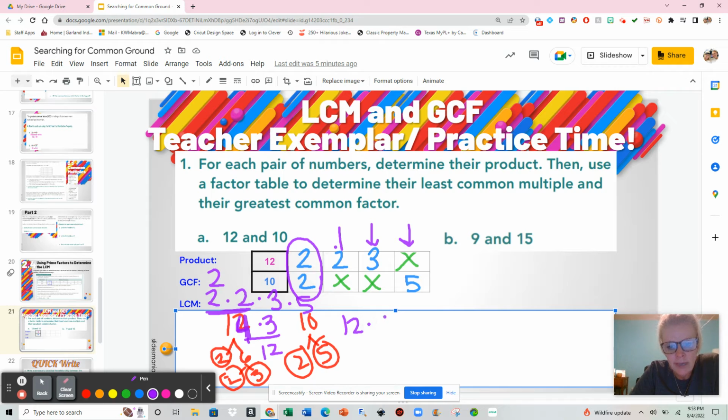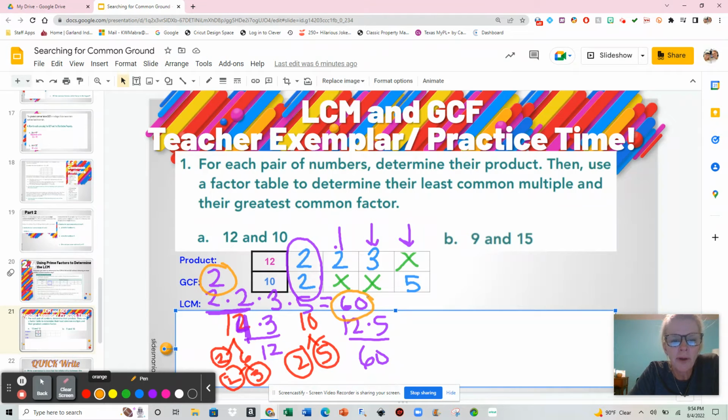And 12 times 5 is 60. So my least common multiple is going to be 60. Okay, so I have found so far my greatest common factor and my least common multiple.